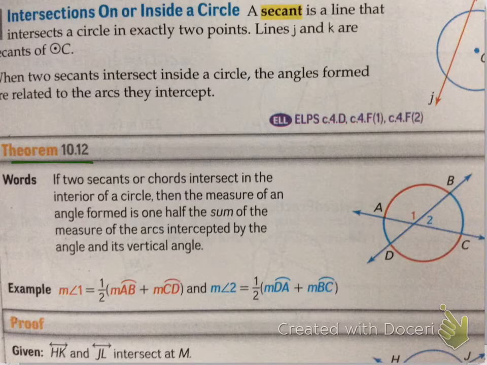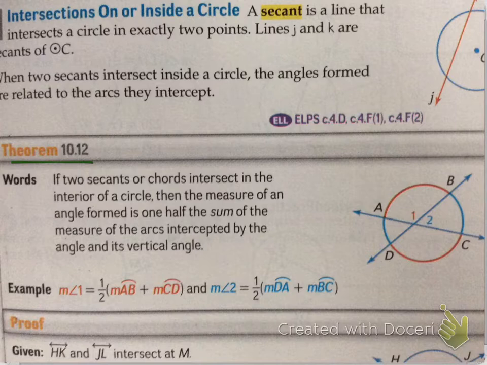Well, that leads us to this theorem: if you have two secants or chords that intersect in the interior of a circle, so they're intersecting inside the circle, then the measurement of a specific angle inside that circle is equal to 1/2 the sum of the two arcs formed by that angle.